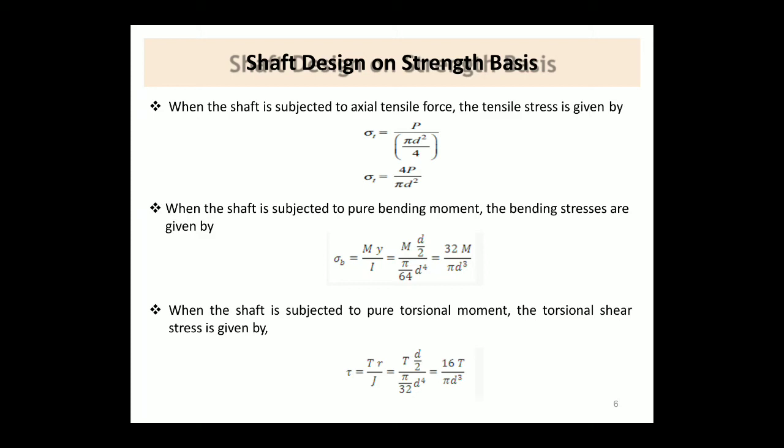Putting that into this equation, we get tau equal to T into d by 2 divided by pi by 32 d raised to 4. So the final equation of torsional shear stress is 16T upon pi d cube. Using this equation, we can find the torsional shear stress or the unknown factor in this equation.